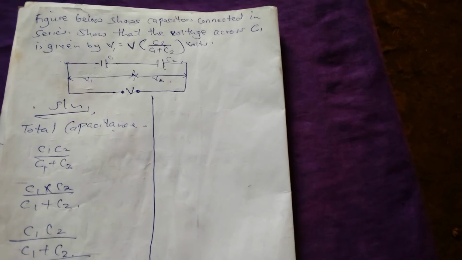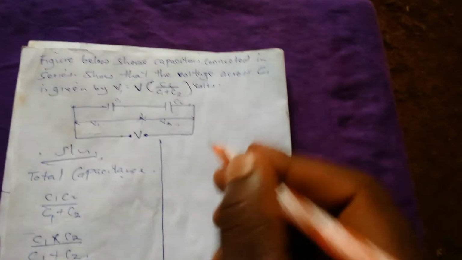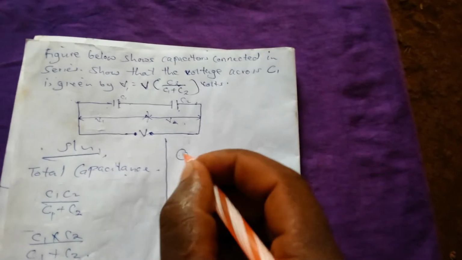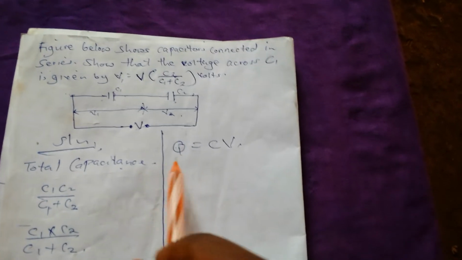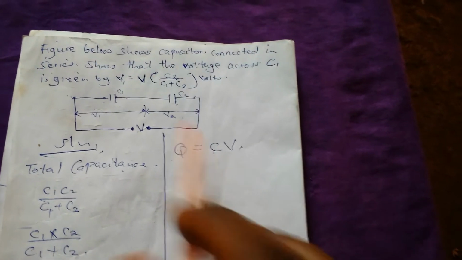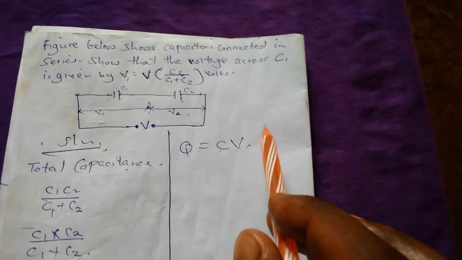The next step is to calculate the total charge in this connection, which is given by CV. Charge is given by capacitance, total capacitance, times voltage, total voltage.